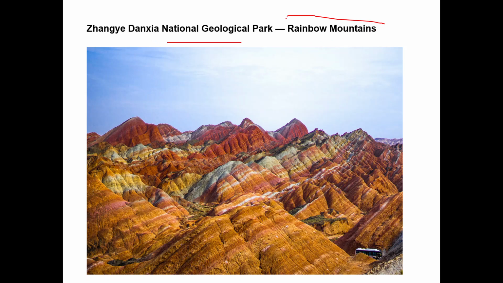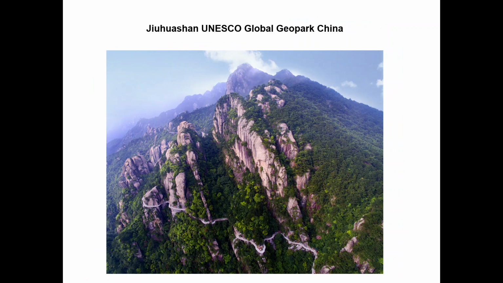It's a rainbow mountain. See the bedding of the sedimentary rock. They have different colors because of the minerals in the rock. And in China, you can see this beautiful landscape, because you can see the fault line, the system of faults.